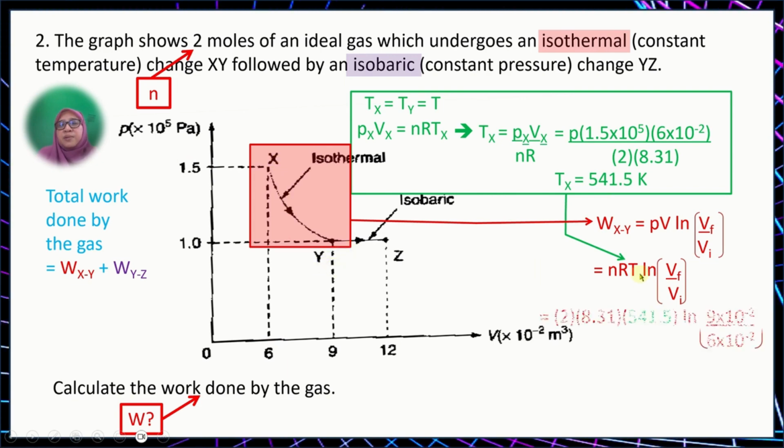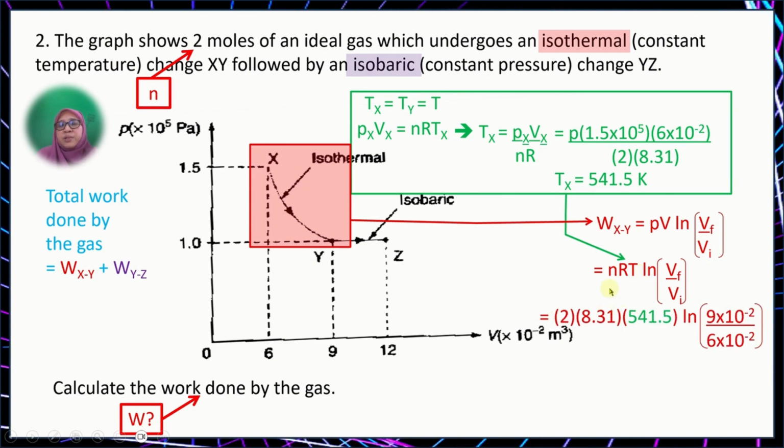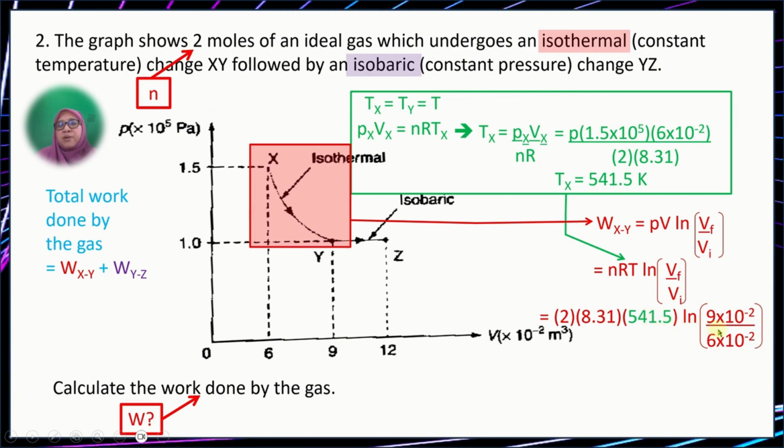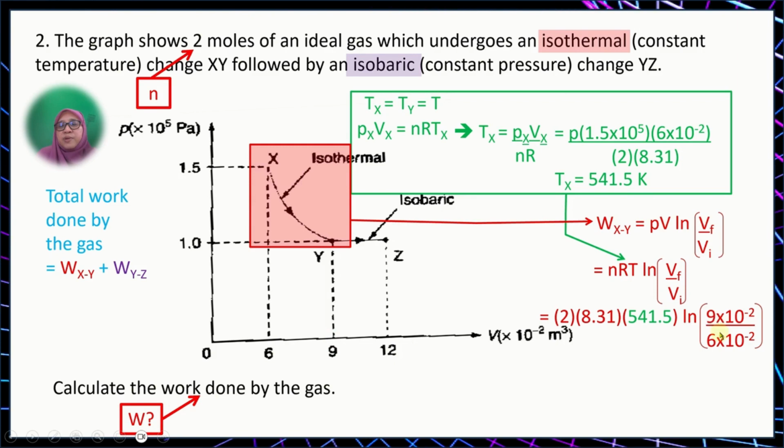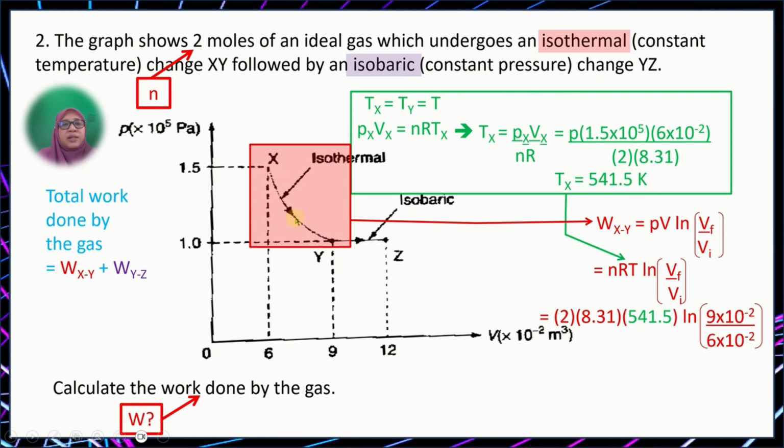Now we substitute into the equation to find the work. The number of moles is 2, R is 8.31, temperature 541.5, ln. The final volume is 9 times 10 to the power of negative 2, and the initial volume is 6 times 10 to the power of negative 2.